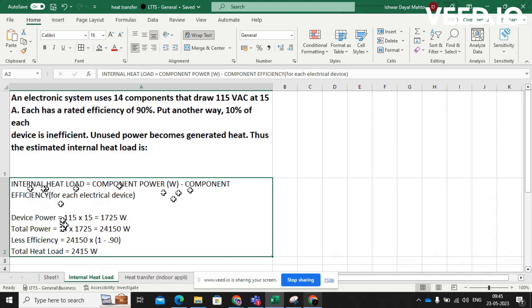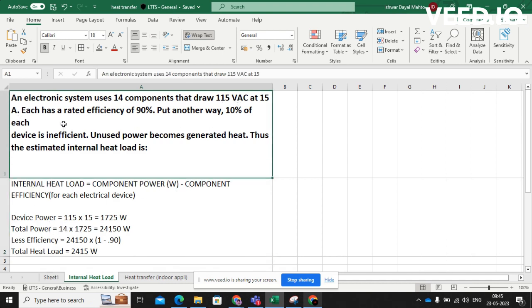Since our device uses 115 volt and 15 ampere, we get the device power by multiplying the voltage with the current. And since we have 14 components, we need to multiply it by 14. As we all know, in this problem the component is 90% efficient.